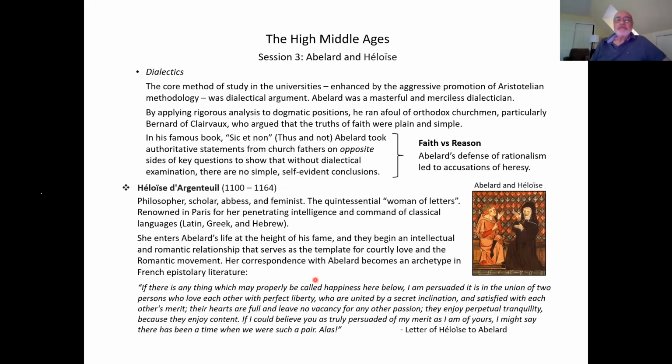By applying rigorous analysis to dogmatic positions, he ran afoul of Orthodox churchmen, particularly the famous Bernard of Clairvaux. Remember the great Cistercian saint and Puritan who argued for the Second Crusade, who argued that the truths of faith were plain and simple.